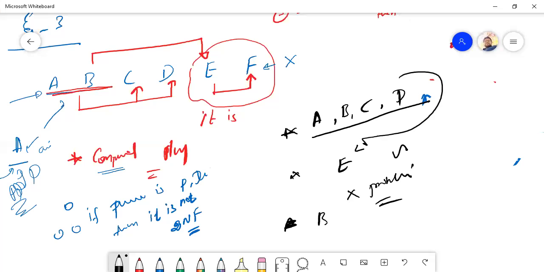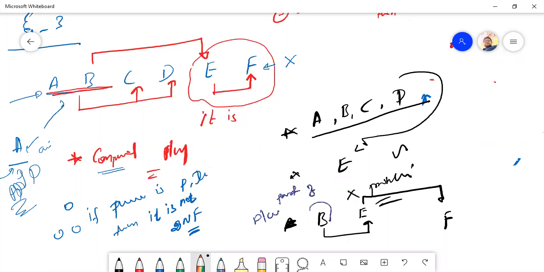So you can see it is connecting like this: B, E, F. B is part of the primary key. For the functional dependency, we don't bother.